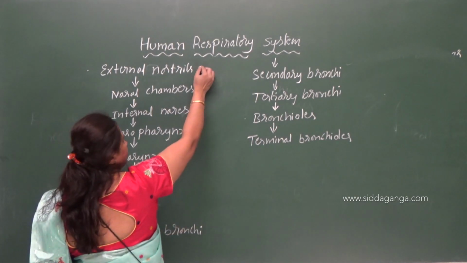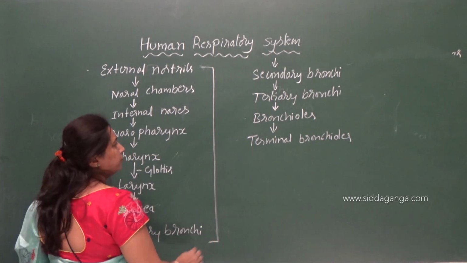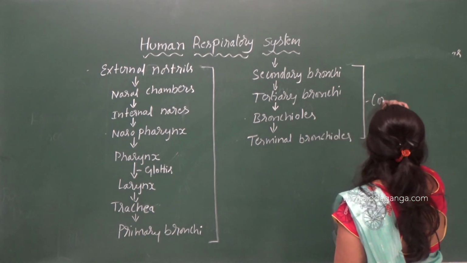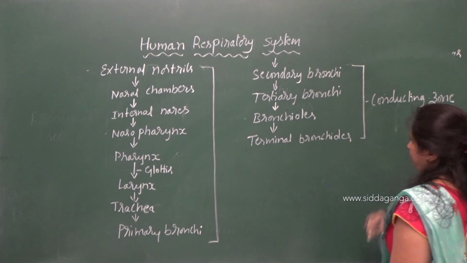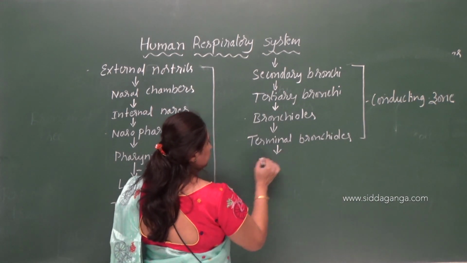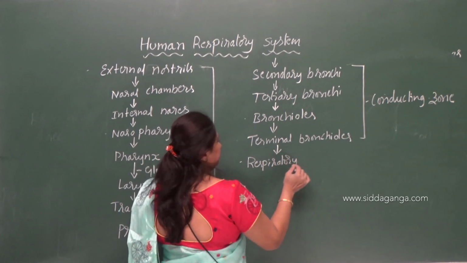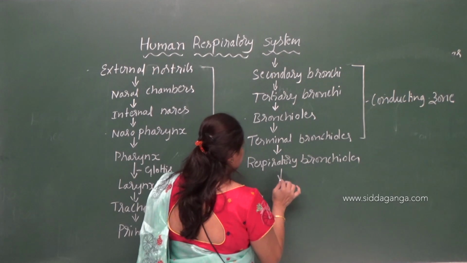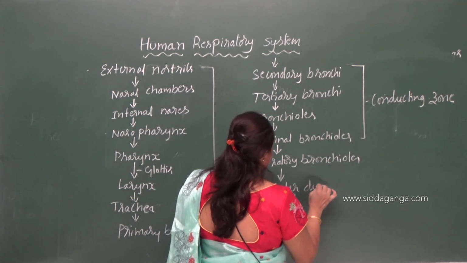So from external nostrils up to the terminal bronchioles is the conducting zone. Okay. Now the terminal bronchioles divide further to form respiratory bronchioles. The respiratory bronchioles divide to form alveolar ducts.